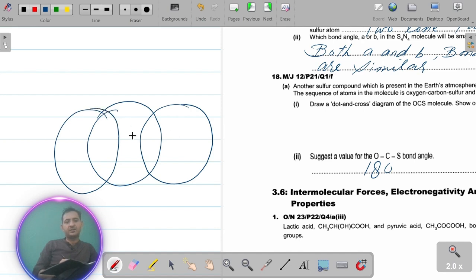So it is carbon in the center, with electrons of this carbon, electrons of this sulfur, carbon, sulfur, because double bonding is there, and lone pairs of electrons are here and here, and here and here. Okay, it is sulfur, it is oxygen.